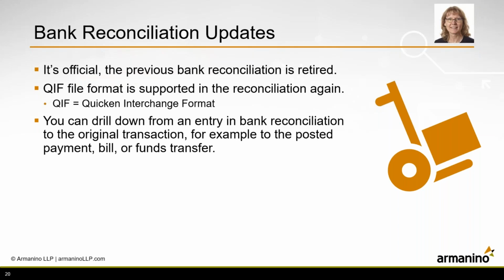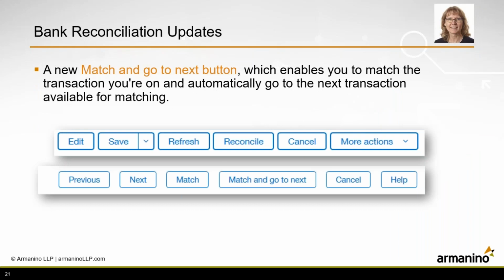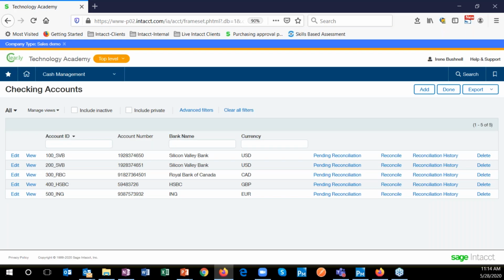This next one that I want to share with you, I'm going to actually get into Intacct for a minute because I want you to see this, but they've added a second toolbar when you're doing bank reconciliation updates. So let me get over to Sage Intacct here. Okay, you should be seeing my Technology Academy company here.